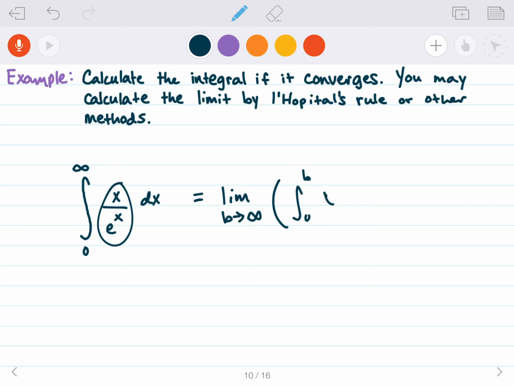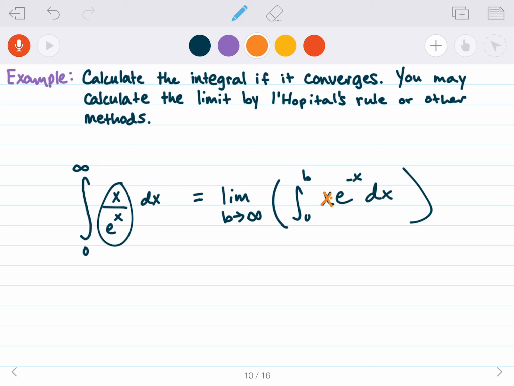I'm going to write this as x e to the -x dx. So pulling back some knowledge that we learned a couple of weeks ago, I'm going to do integration by parts here because I have a product of two functions that u substitution is not going to be appropriate for.